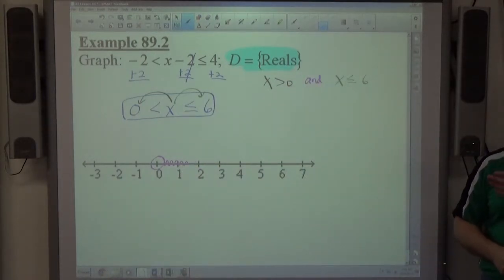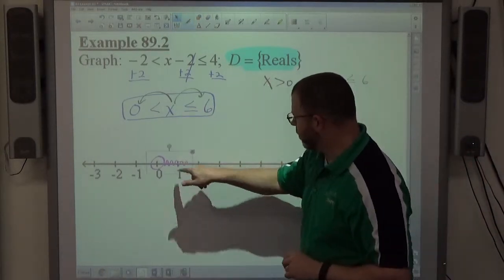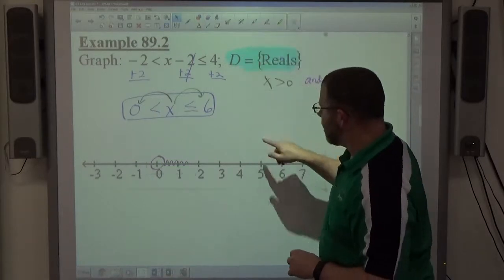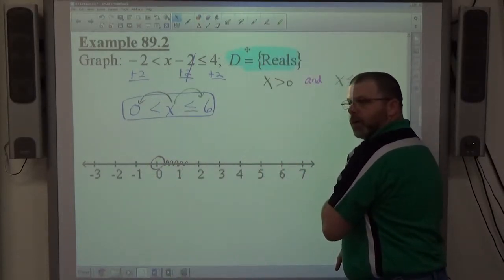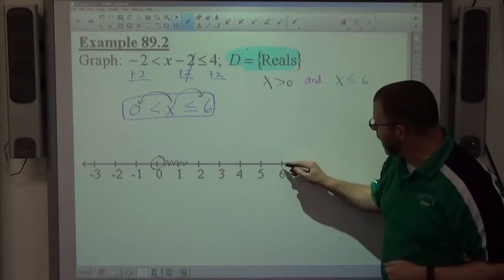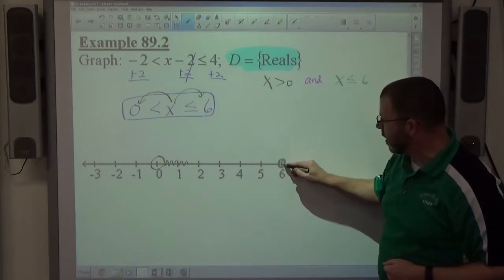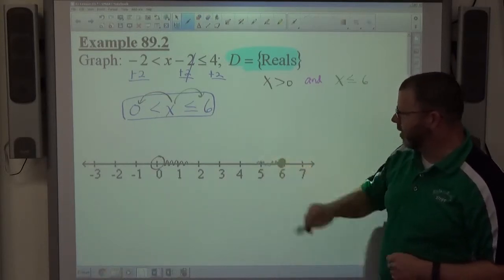I just want to get an idea of which way I'm going. Okay, so if I was to graph this part only, I should probably do it in black since it's black, right? If I was just to do that part only, it would go like this and go all the way over to here, right? If I'm doing just the x is less than or equal to 6, less than or equal to gets me a closed circle at 6, right? It goes which direction? Left. To the left, goes that way, right?